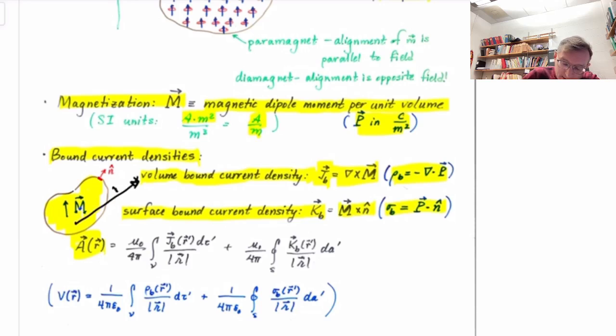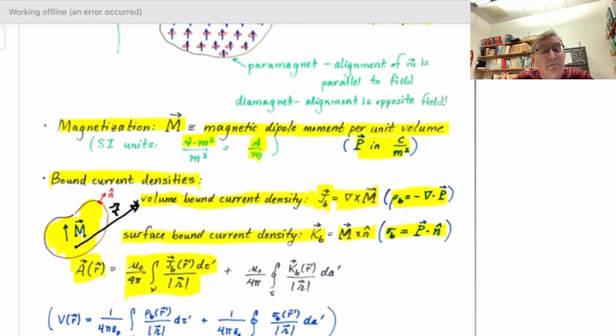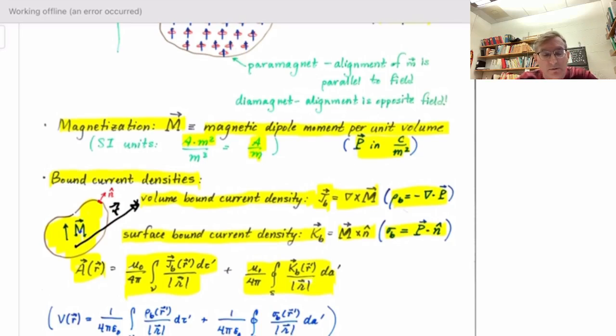You want to calculate the magnetic vector potential, A of r. You do that as you would for any volume bound current density and surface bound current density: mu 0 over 4 pi integral over the volume of J sub B over script r, and then another term, mu 0 over 4 pi integral over the closed surface, K sub B over script r.